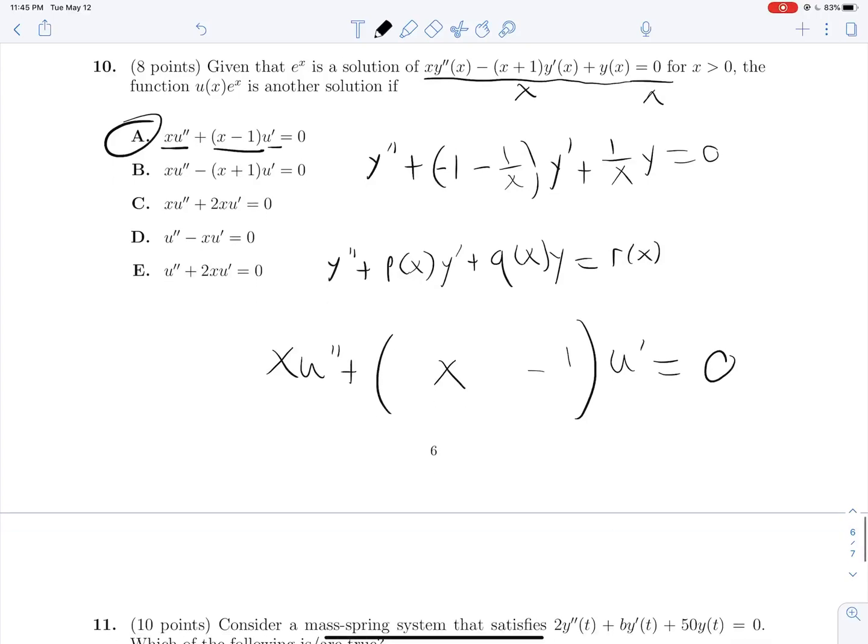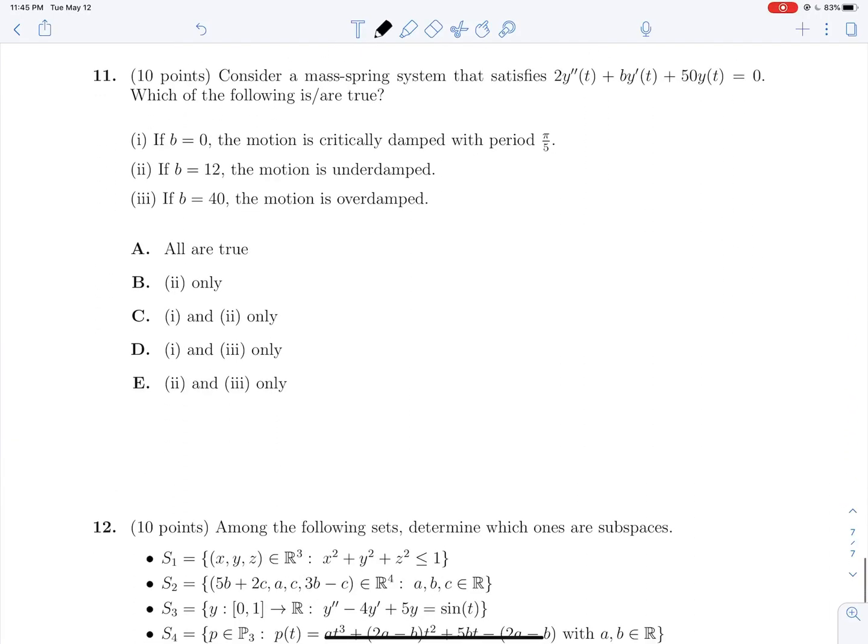10 is A. 11. Consider a spring mass system satisfying these equations right here. We're dealing with damping. So our general equation for telling if something is damped, or what qualities that damping has, relates c squared with 4km. Now, what are these things?